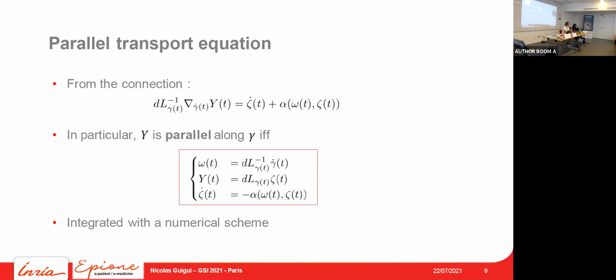We obtain this formulation of the parallel transport of the vector y along gamma if it verifies these equations, in which the first two mean that gamma dot and zeta are the left angular velocities, and the third one drives the evolution of zeta. And similarly to the Euler-Poincaré equation, we can integrate this equation with a numerical scheme in order to approximate the parallel transport on a Lie group.